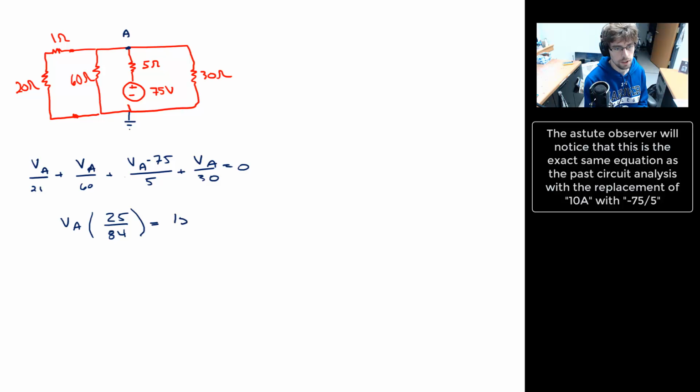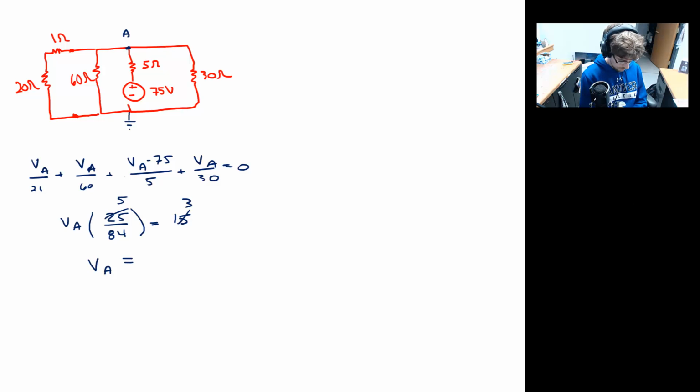So we get 15 here. It's 5, this is a 3. And so we finally get that the potential at A, okay, I got 50.4. There we go.